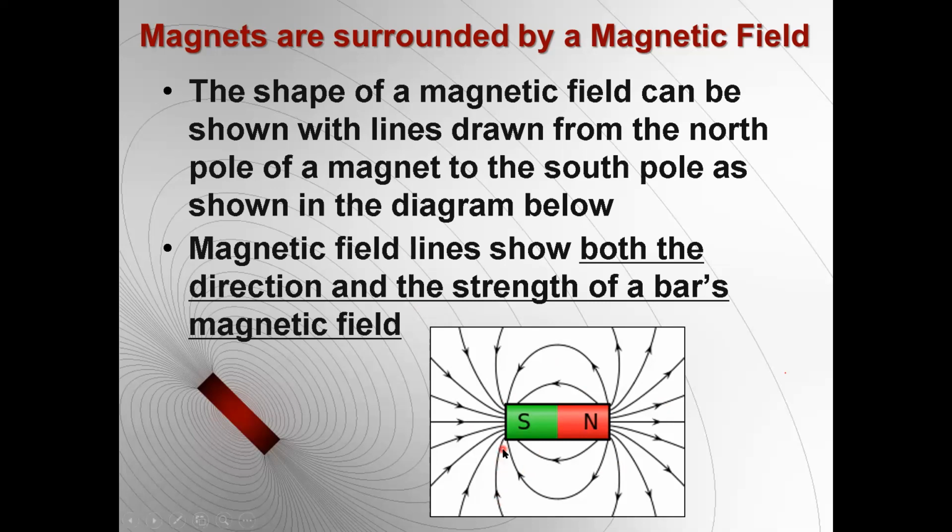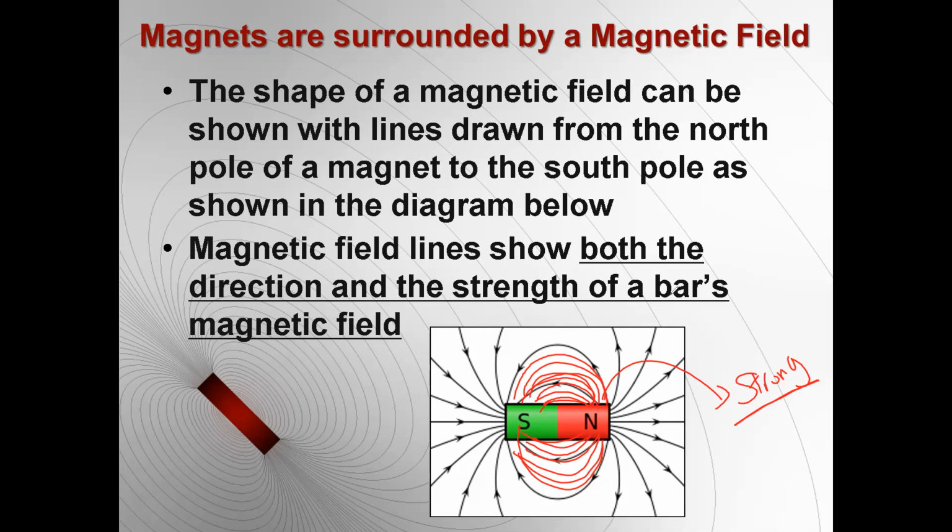If you see a magnet whose field has many lines between the two poles of the magnet, that means this magnet is very strong. So the number of lines between the two poles of the magnet shows me the strength of the magnet.